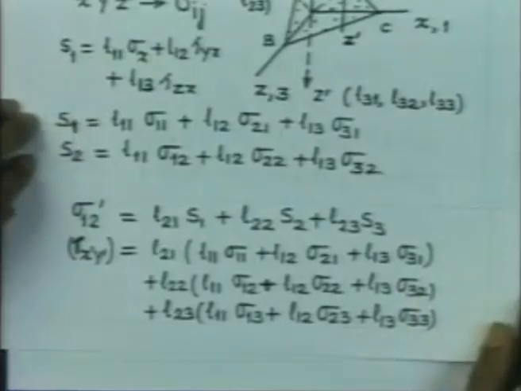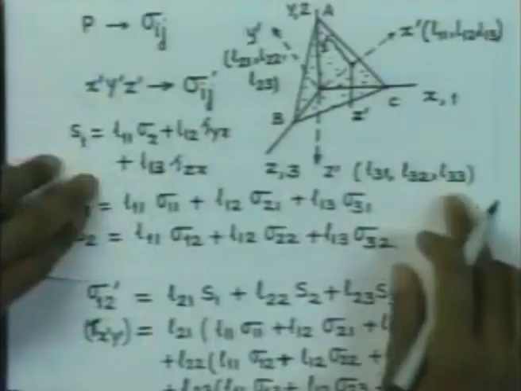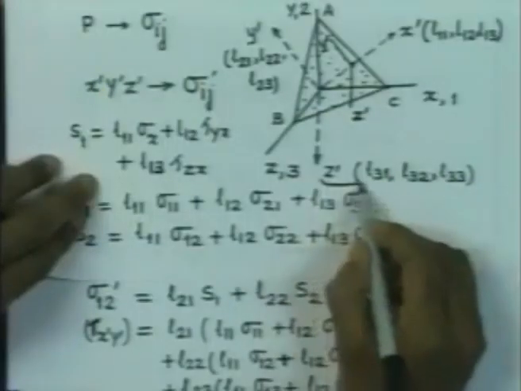So, we can get the stress component sigma 12 dash, and you should have no difficulty in appreciating that if we want to find the component of the stress in the z dash direction, we can make use of the direction cosines given by this set.